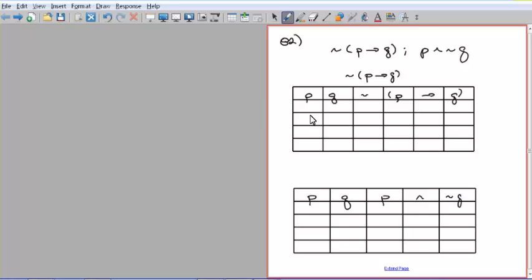Okay, so these first 2 columns are just our usual pattern that we use. So we just copy the P and Q columns.